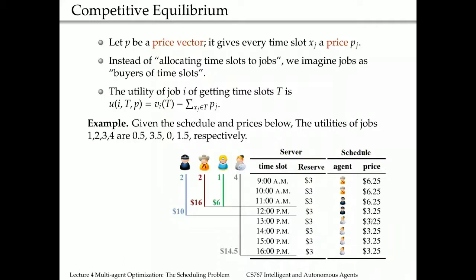We also have the current price of each of the time slots. You can see that the utility, for example, of the first agent will be equal to 0.5. Why? Well, first of all, he gets the 2 time slots that he desired.